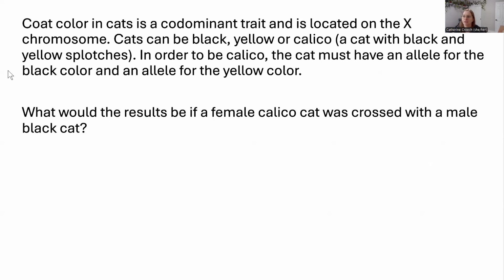Let's draw our Punnett square, our pedigree. We can do it either way. So we know that we have a female cat, so she's going to have two X chromosomes. And she's calico, so she's going to have one allele for black fur and one allele for yellow fur.